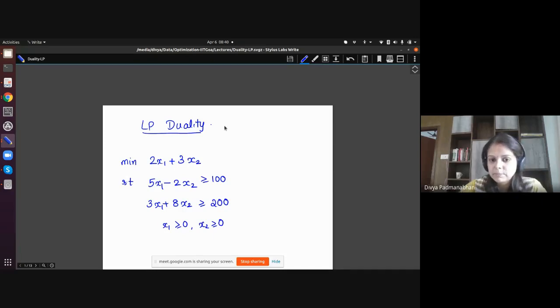So let's see what duality means in the context of LPs. Let me take this example here: an optimization problem in two variables, minimizing 2x1 plus 3x2 subject to these constraints.